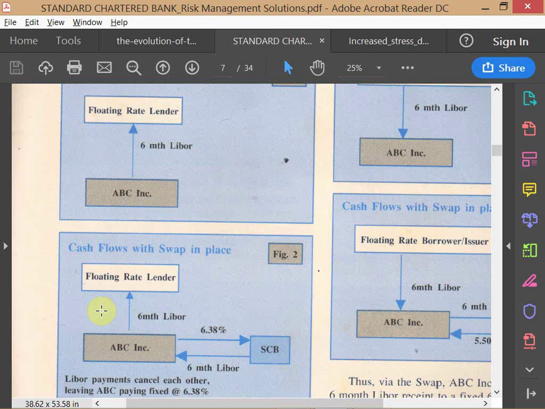Because there are so many different classes of ratings, AAA, BBB, and all that. Why are we so interested in AA credits? Because AA credits is essentially what you see in the LIBOR yield curve, and because most of the floating rate issuance in the world happens against LIBOR. Are you following what I'm saying?